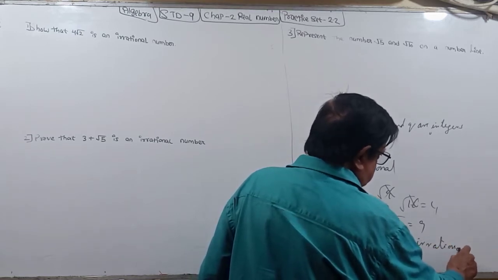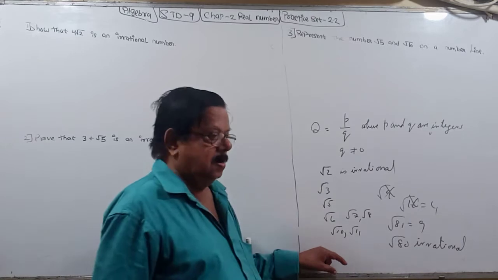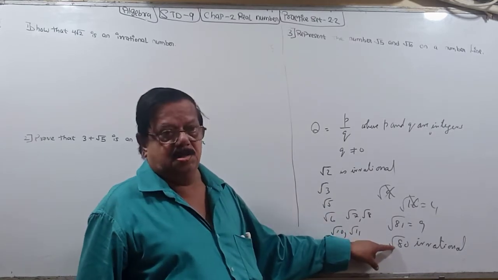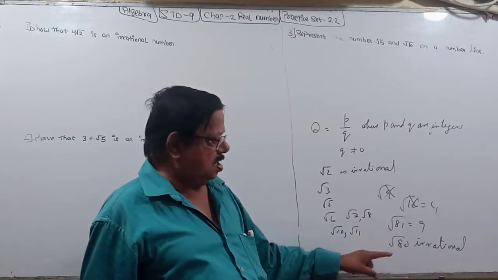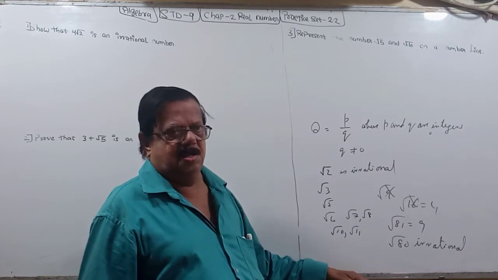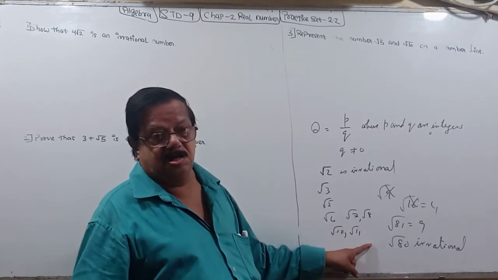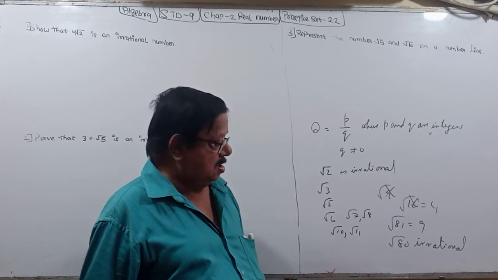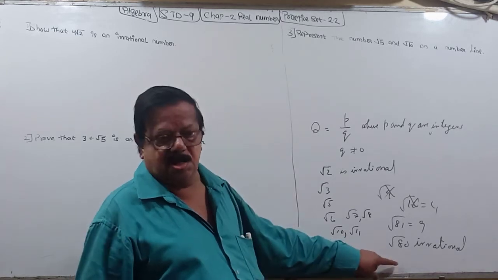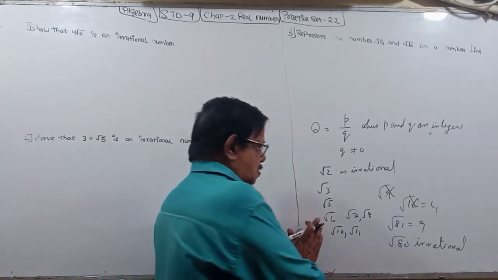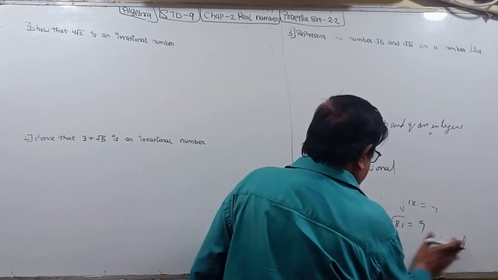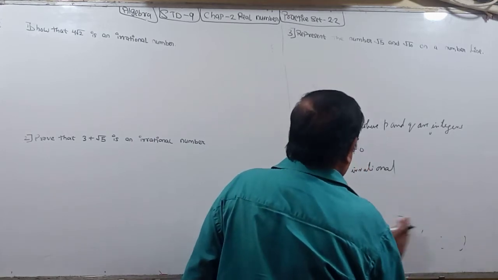Square roots of non-perfect squares, like root 23 and root 21, are irrational, while root 16, root 9 and root 25 are rational.